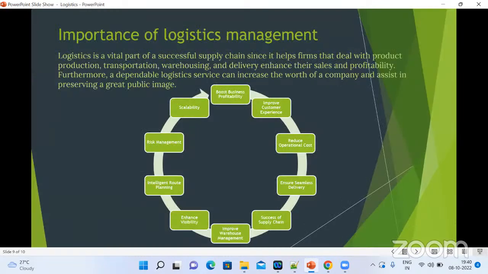Then coming to the importance of logistics management. Logistics plays a vital part in successful supply chain management, since it helps every company deal with their product, whether it is production, transportation, warehousing, or deliveries, anything, related to their sales and profitability.